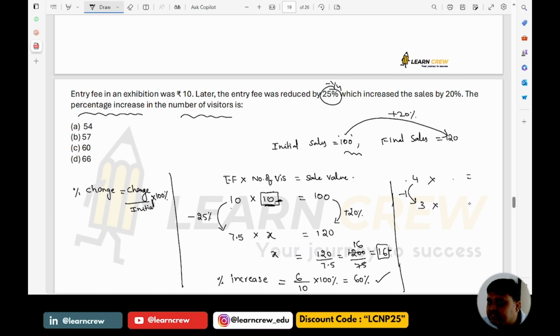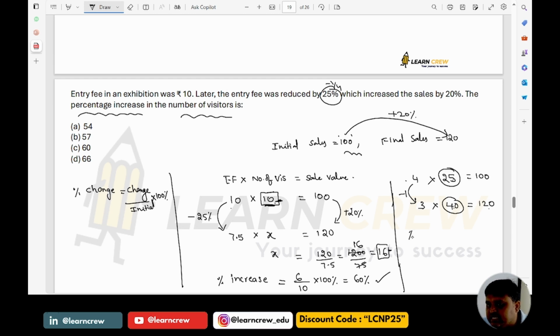And it is given that the sale is increased by 20%. If the initial sale is 100, the final sale is 120. So 4 into how much is 100? 25. So initially you have 25 visitors. 3 into how much is 120? 3 into 40. Now you have 40 visitors.